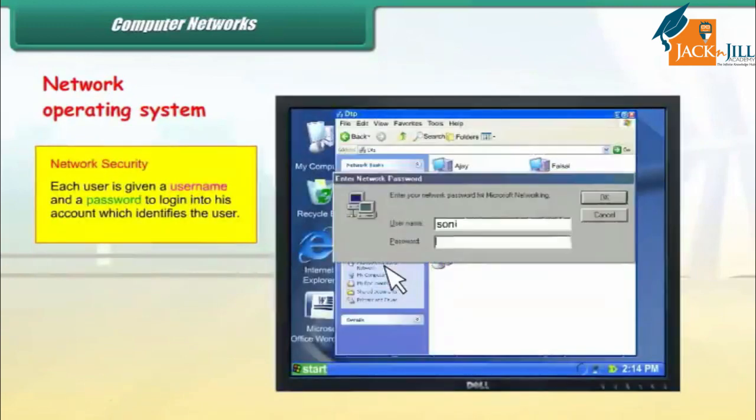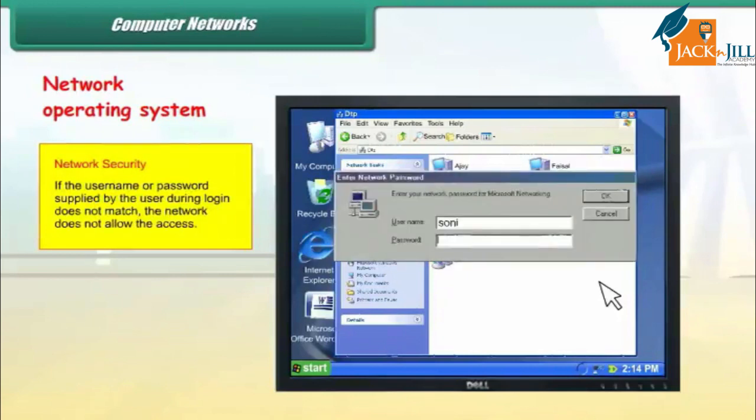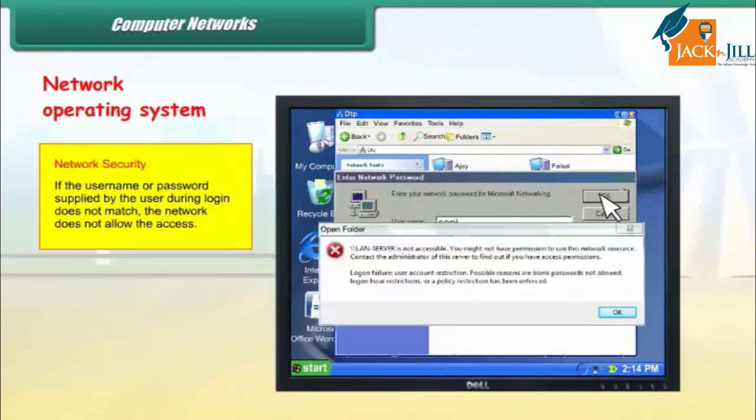Network security. Each user is given a username and a password to log in to his account, which identifies the user. If the username or password supplied by the user during login does not match, the network does not allow him access.